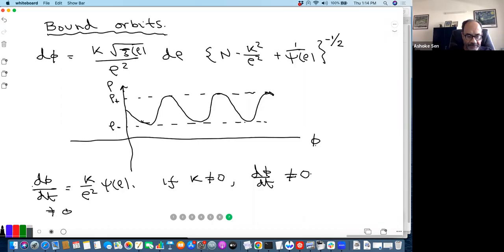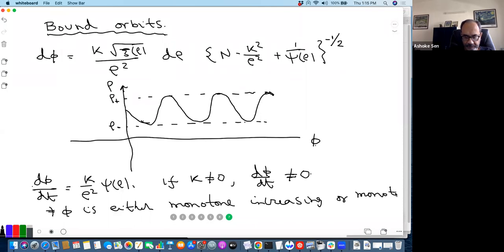So this means that phi is either monotone increasing or monotone decreasing as a function of time. So phi keeps changing in the same direction, and for definiteness, assume that phi keeps increasing.